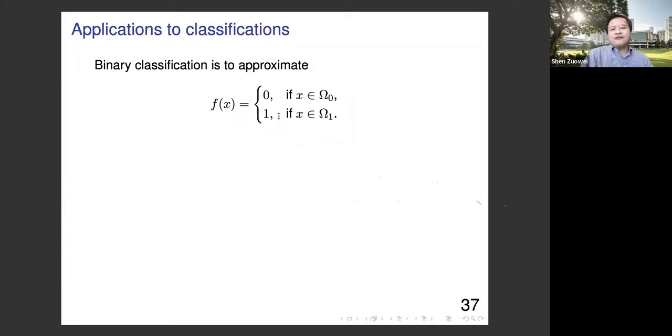You want to approximate this function, which is very simple. That's exactly the point. Because X is very high dimensional, for example each black and white image is a point in a 256 by 256 dimensional space. So the level set is extremely complex, but the function is simple.